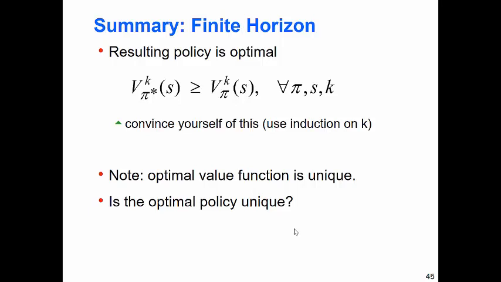It's going to be true that the optimal value function is unique, but what about the policy? Well, if you think about it for just a little bit, you'll realize that optimal policies do not need to be unique.